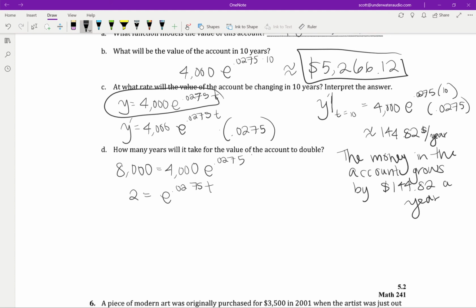I keep forgetting to put a t, sorry about that. Then I take the natural log of both sides. Natural log of e.